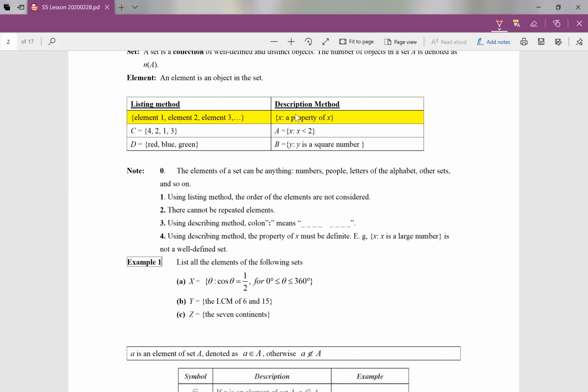Description method is like this. In the bracket, first we put down the variable we want to use, and then we put down a property of this variable. For example, set A is equal to {x : x is smaller than 2}.